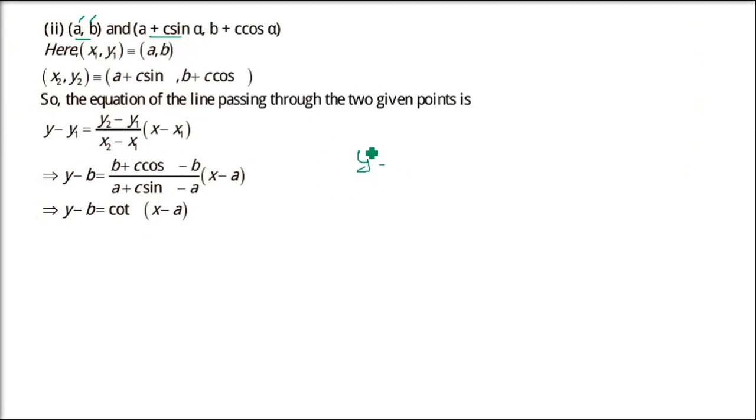Let me do it. y minus y1. What is y1? It's b, equals x minus x1. What is x1? It's a. So put here. Now y2 minus y1. What is y2? b plus c cos alpha is y2, so c cos alpha minus b.